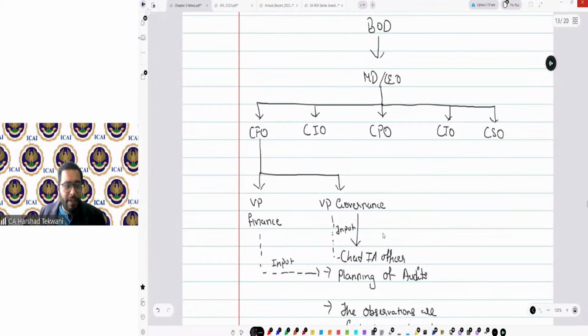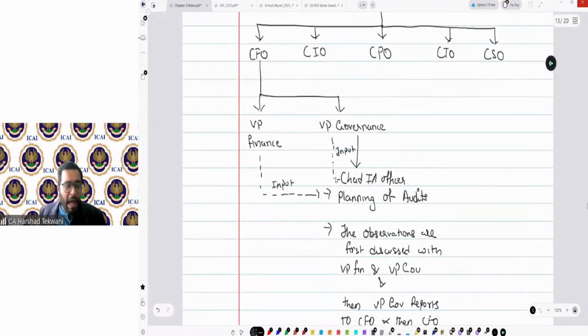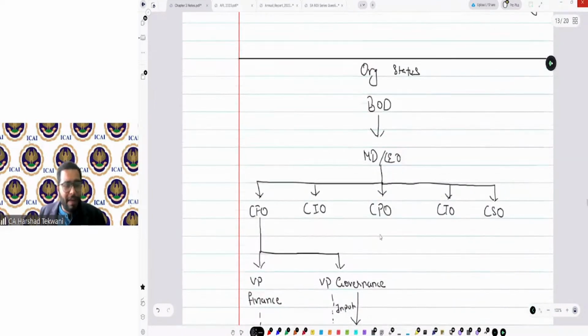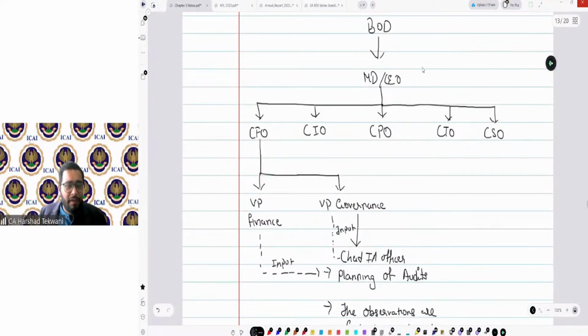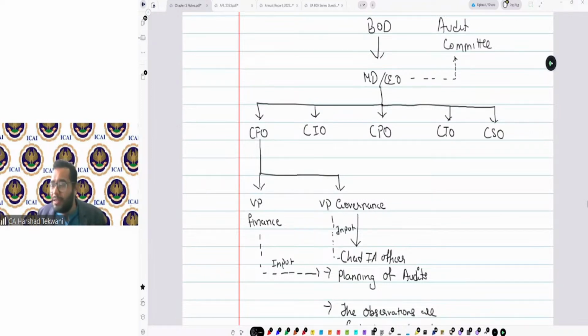Observations are first discussed with VP Governance and VP Finance, and then VP Governance reports to the CFO, the CFO to the CEO, and the CEO to the audit committee, which has the oversight responsibility. What is the issue in this current scenario?